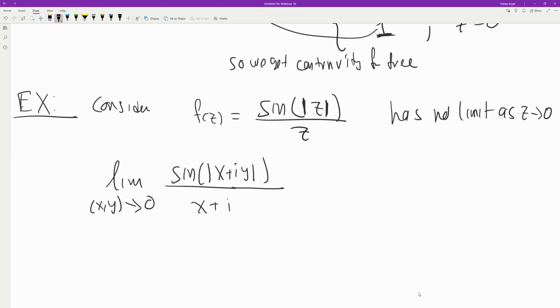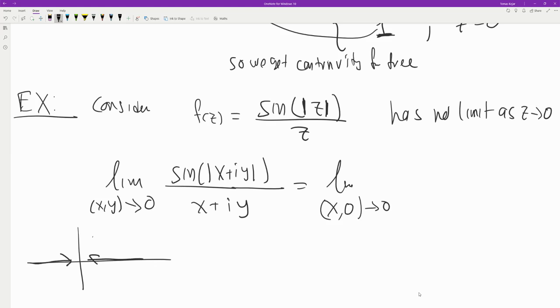Now, as you've seen in calculus, this limit has to work in any direction. So one direction is going along the real axis, right?